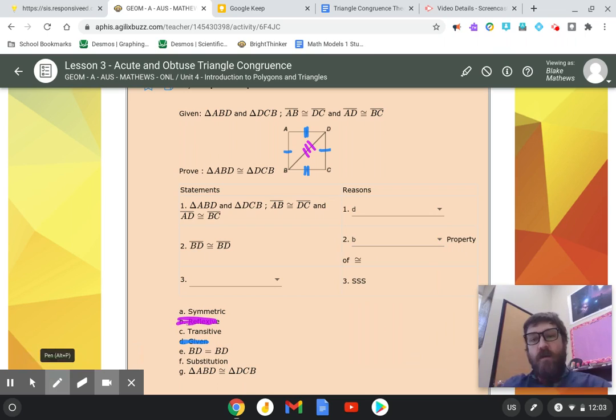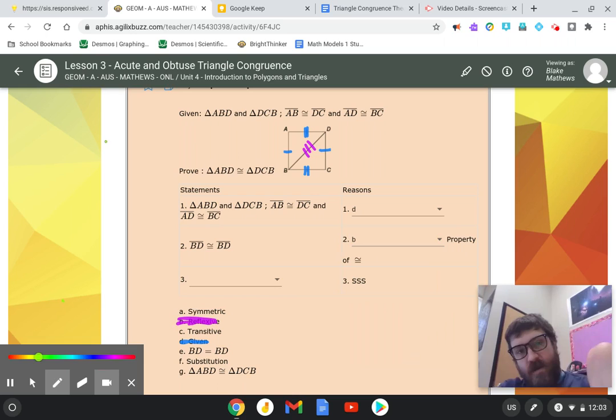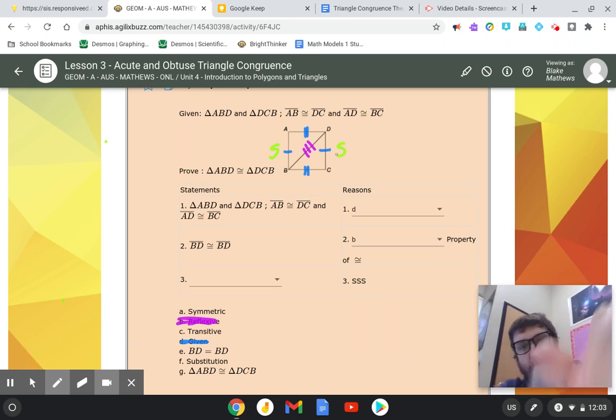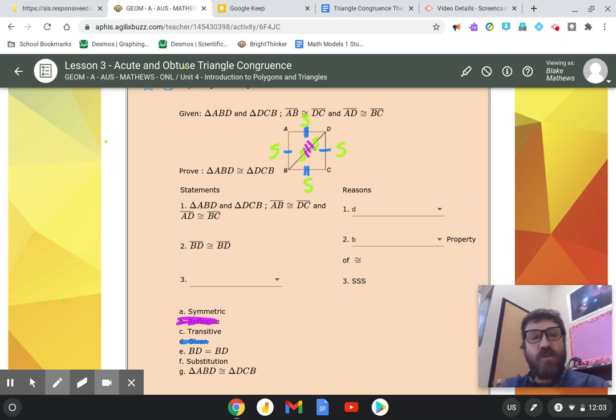Now if you look up here in our diagram, I see that we have sides, and another side in the middle. So we have three sides that are congruent in these two triangles, which is why the answer for number 3 is side, side, side.